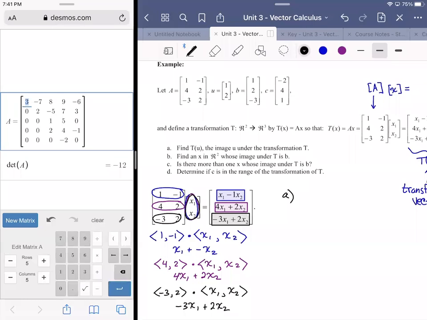So U is the coordinates 1, 2, or vector 1, 2, I should say. We're transforming this based off of that rule. So we would do one of two things.